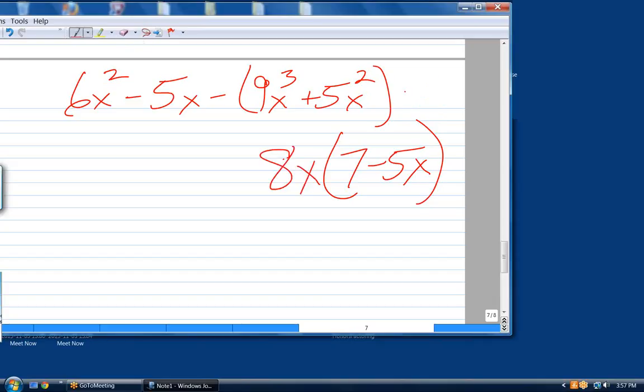So, like I tell everybody, when you have a subtraction, turn it into an addition. So the easiest way to get rid of these parentheses is what? To distribute the negative. Okay. Makes minus 9x cubed. What sign goes on the 5x squared?